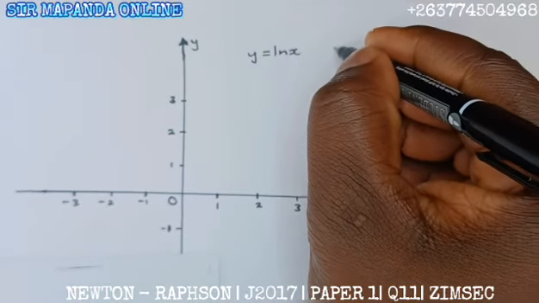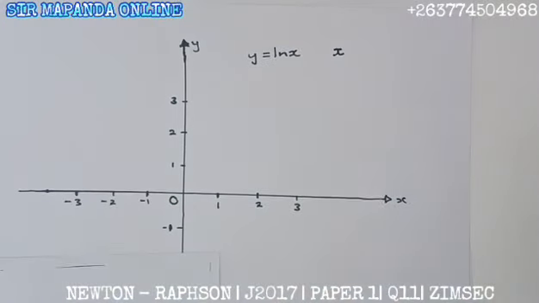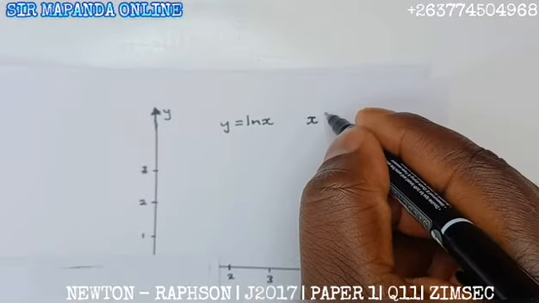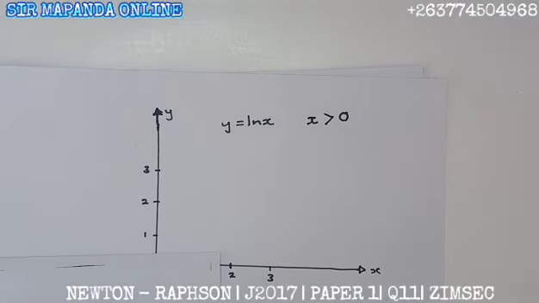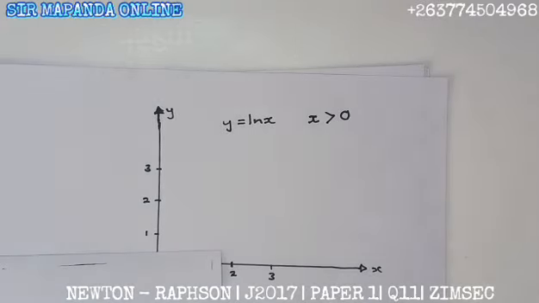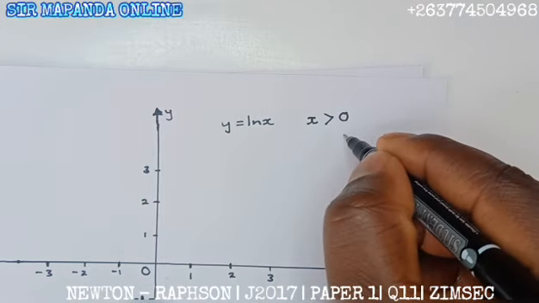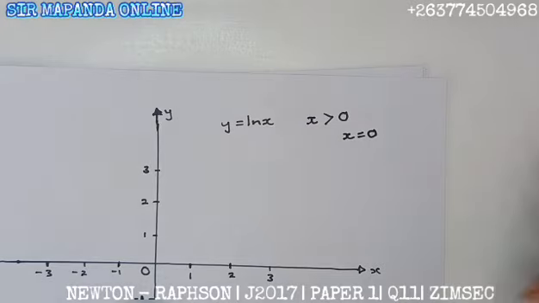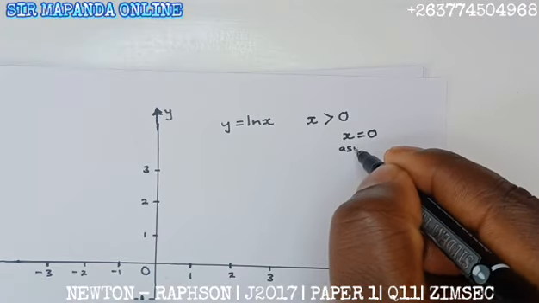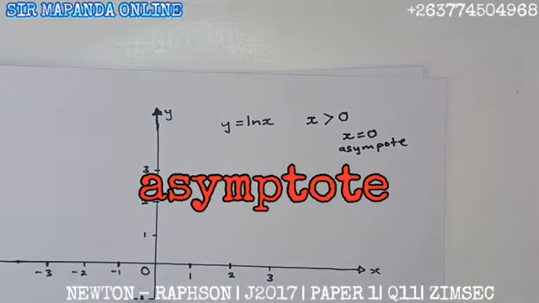So I'm saying x, which is the number in front of this ln, must be greater than 0 for the ln to be valid. x must be greater than 0 for the graph to be valid. So if x is greater than 0, it means x is equal to 0 is an asymptote line, a line which the curve is not allowed to touch.